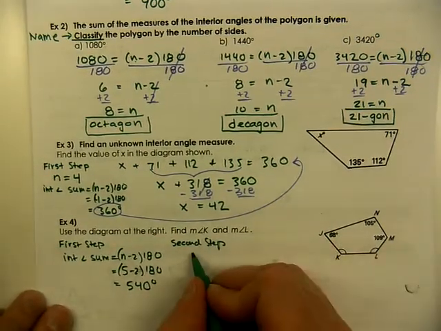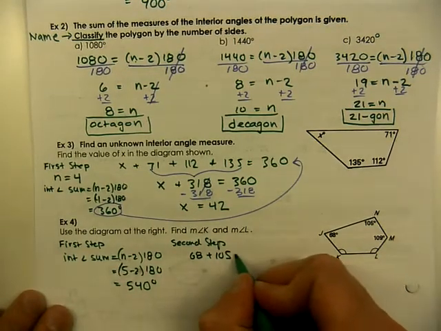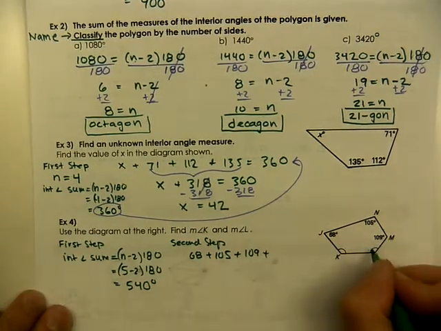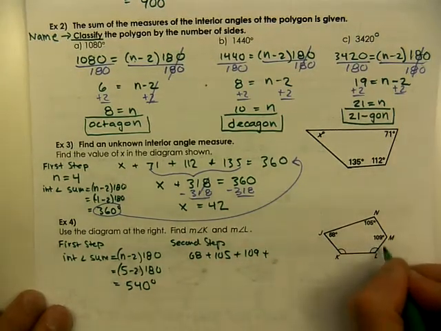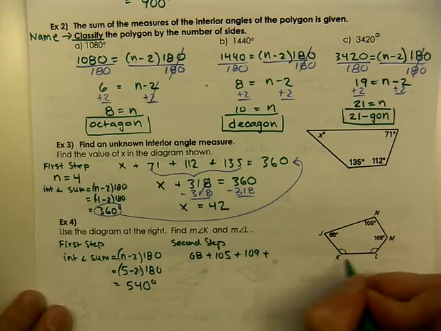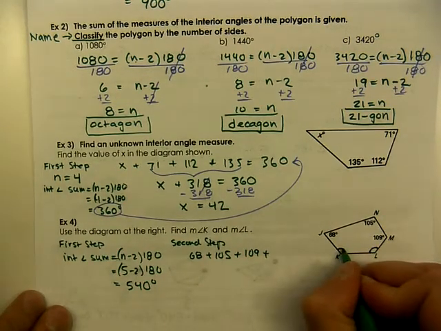So we have a 68, we have a 105, we have a 109, we have a, that's odd. I don't have anything here, and I don't even have a variable. Well, I guess we should pick one. In fact, notice that both angle L and K have this arc symbol. That means these two angles are the same size.